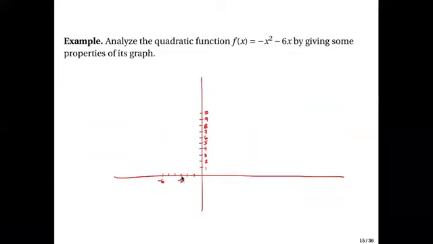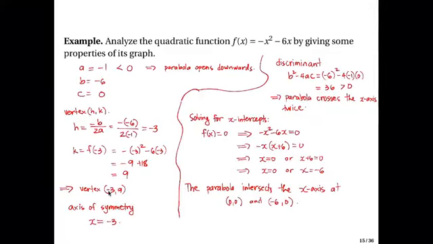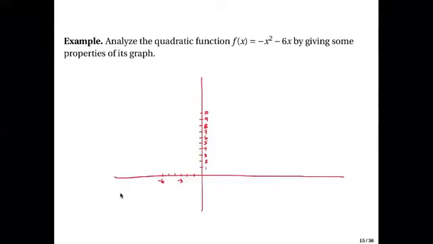The vertex, according to our calculation, is negative 3, 9. So in here, we have the negative 3 here, we have the positive 9 here. So we will get this point here as our vertex. And then the other points that we will use are the intersections at the x-axis.